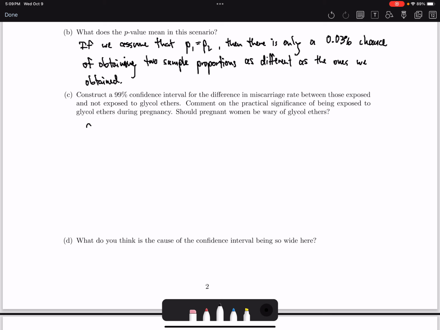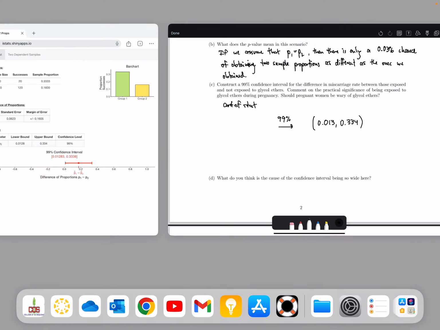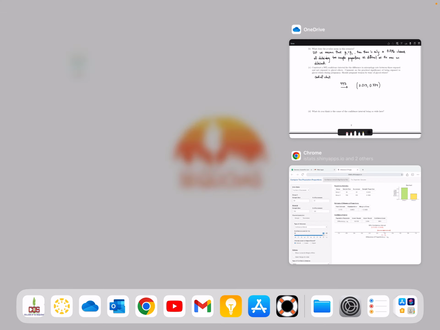So again, we got this from Art of Stat. The 99% confidence interval that we got was approximately 0.013 to 0.334, I think it was. Yep, that's right.